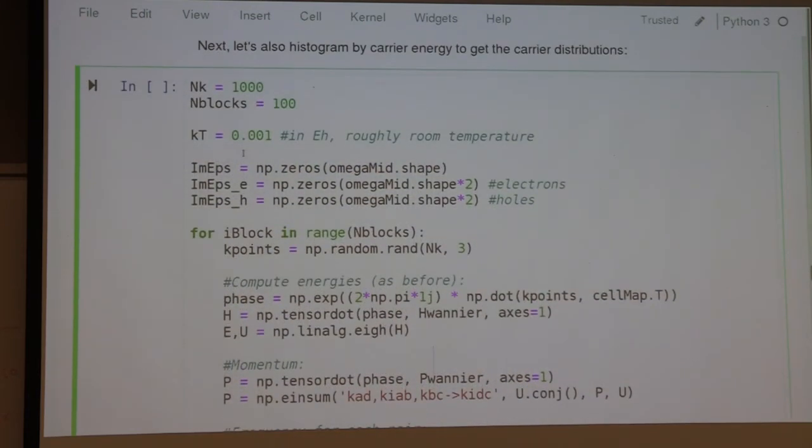Right? And what I'm going to do now is I'm additionally going to collect these dielectric functions resolved by electron and hole states. And these are now going to have not just the 0 to omega, but they are two-dimensional functions. For each photon energy, I'm going to calculate the probability distribution of electron energies and hole energies.